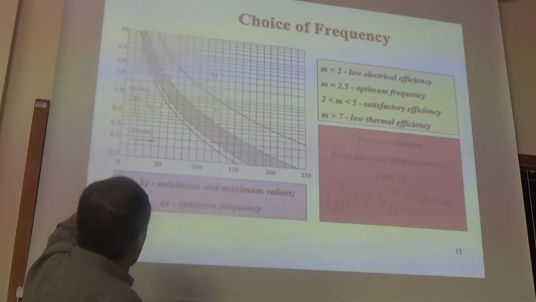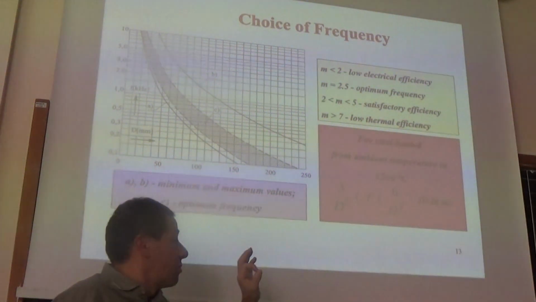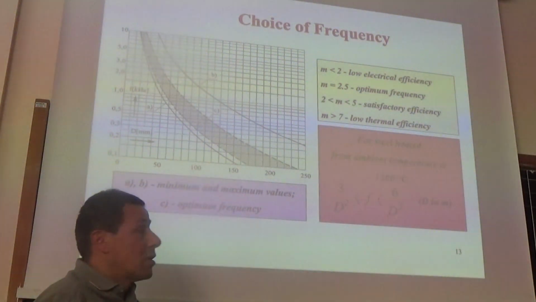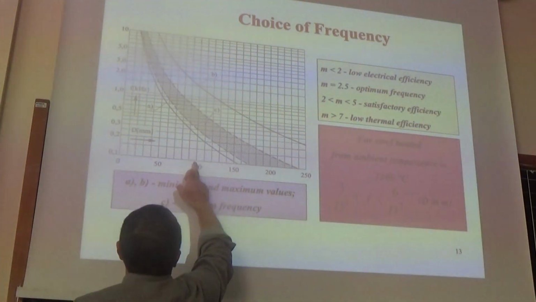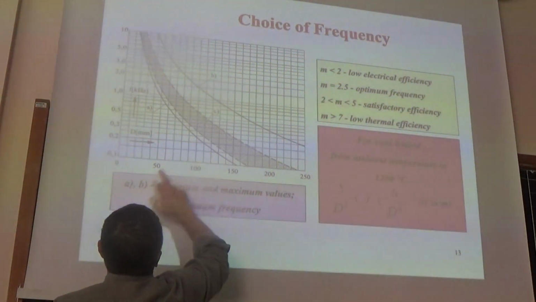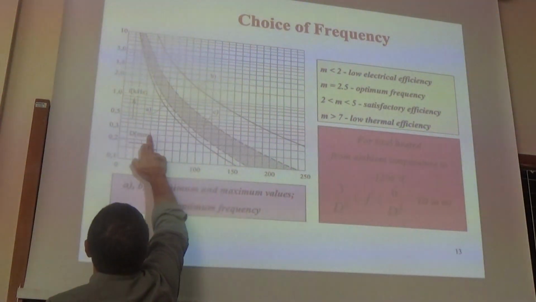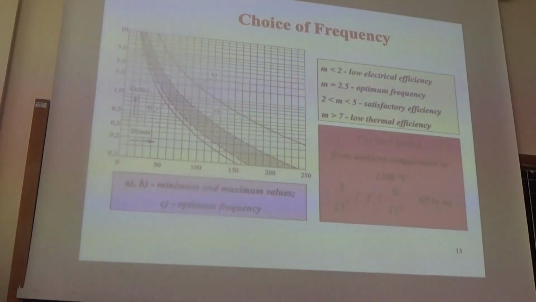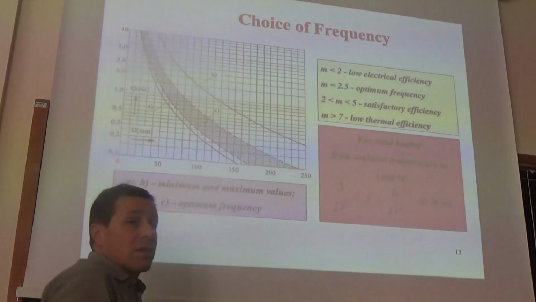So the A and B are minimum and maximum values of frequency, and C is the optimum frequency. So it means that if I have a billet of a diameter of 100 millimeter, the minimum frequency must be 0.3 kilohertz. The maximum frequency will be 2 kilohertz.